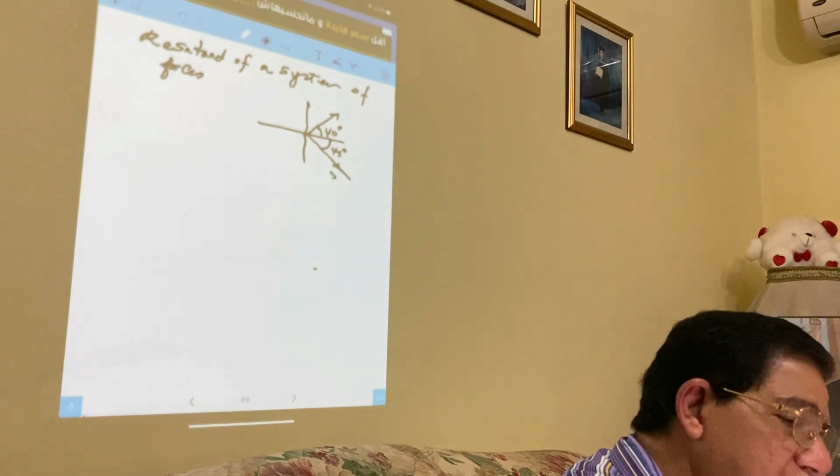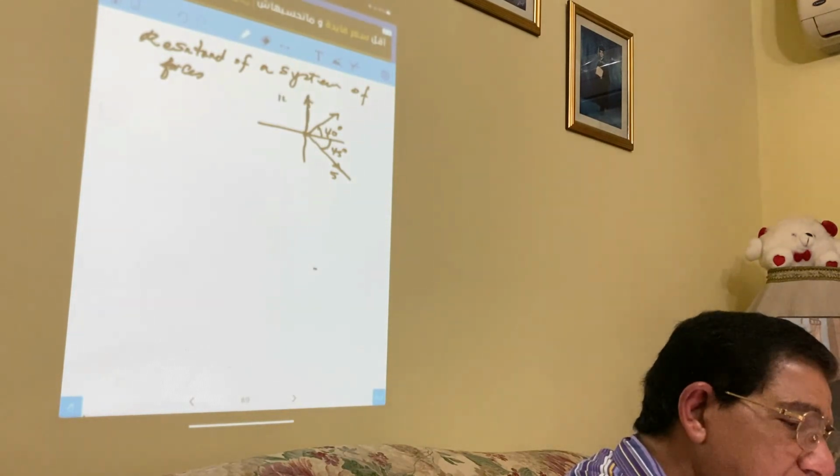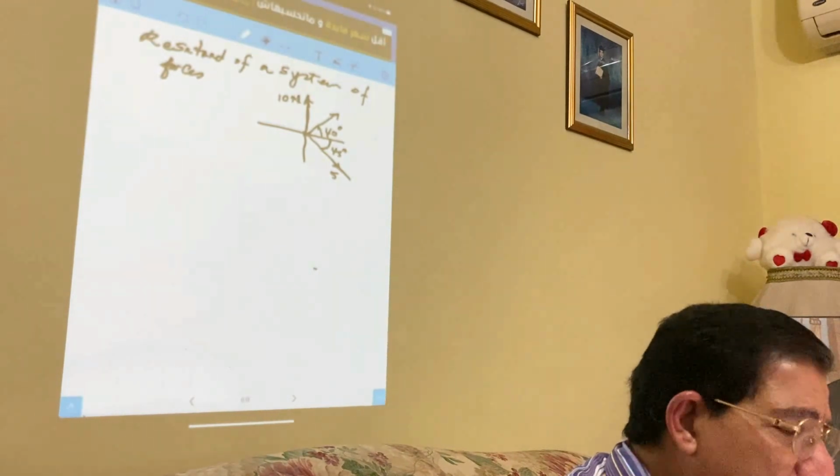It is 5 Newton, and one force vertical 10 Newton. And we want to find the resultant of these forces.